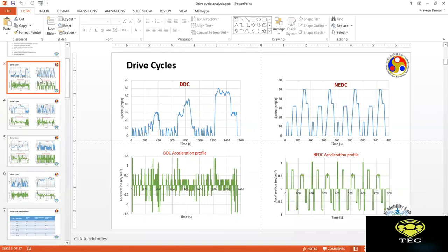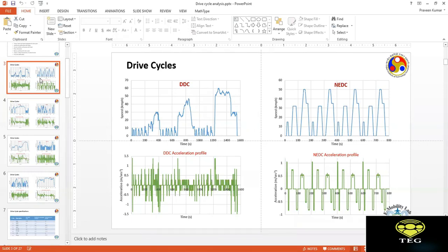Then you again go up to 10 kilometers per hour, then you brake and then you stop. I think we all can relate to that in most Indian cities. During traffic hours, you hardly go any faster. You go up to 10, 12, 15 kilometers per hour, then you have to brake and then stop, and so on and so forth.